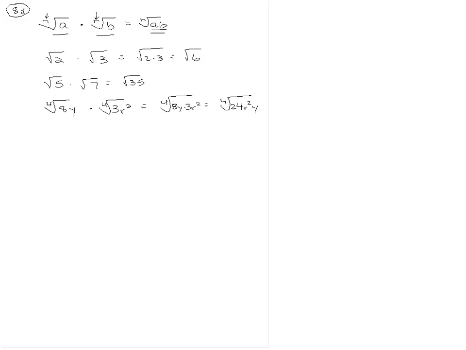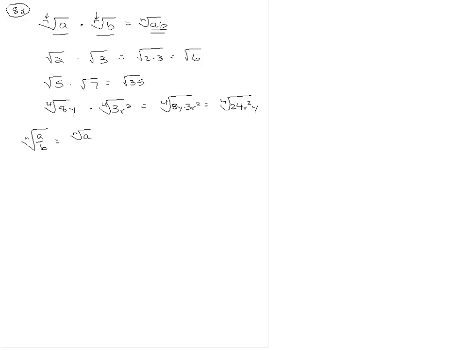I put the r squared first because it's standard practice to put the letters in the order of the alphabet. Okay? But if you were to put y r squared, it would have been the same thing. It's fine.